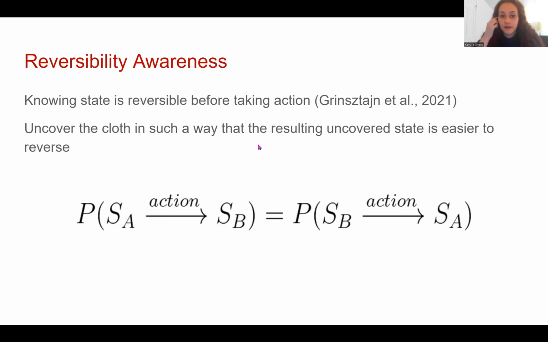So because there are irreversible cloth states, we want to reason about preventing them. And there's this paper by Google that came out, Reversibility-Aware reinforcement learning, that looks at how you prevent agents from entering into irreversible states.